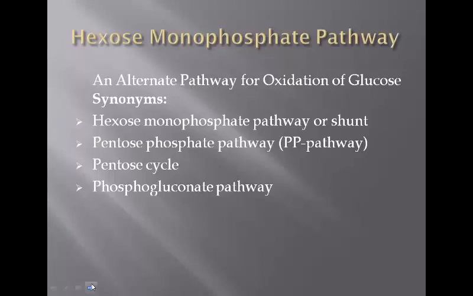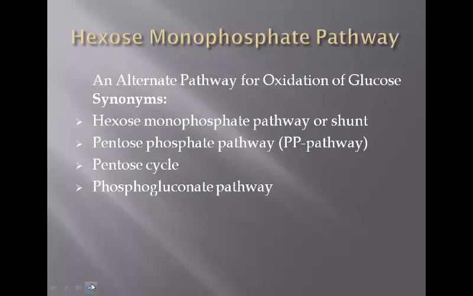Their functional groups change or they are epimerized to other forms of pentoses, like ribulose converted to ribose, so the keto sugar is converted to aldo sugar, and also ribulose converted to xylulose, that we will see later.